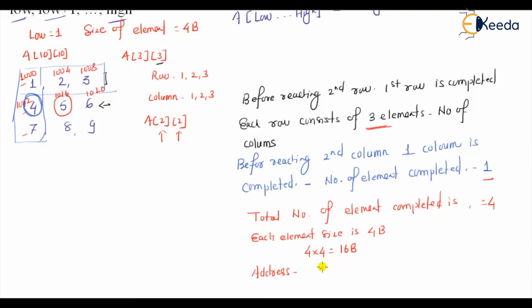The final address will be 1000 plus 4 into 4, and that will be 1016, and that is the 1016 address of 5. Okay, so that way values are being computed regardless of what the lower bound is, and size is something that is intrinsic, or it is about the architecture, what size it supports.